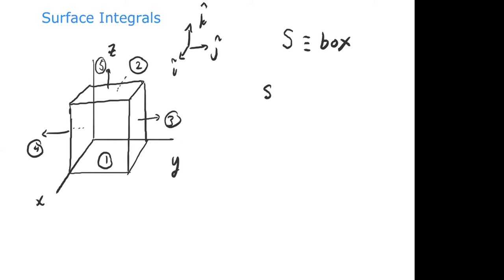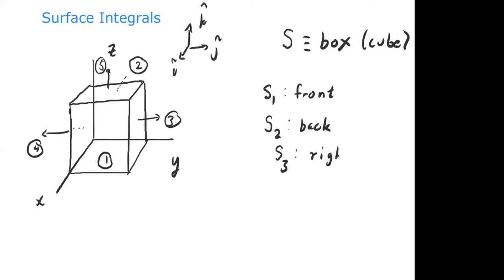So surface 1 is going to correspond to the front of the cube or box. I guess probably cube is a better term than box. Surface 2 is the back of the box. Surface 3 is the right-hand side of the box or cube.